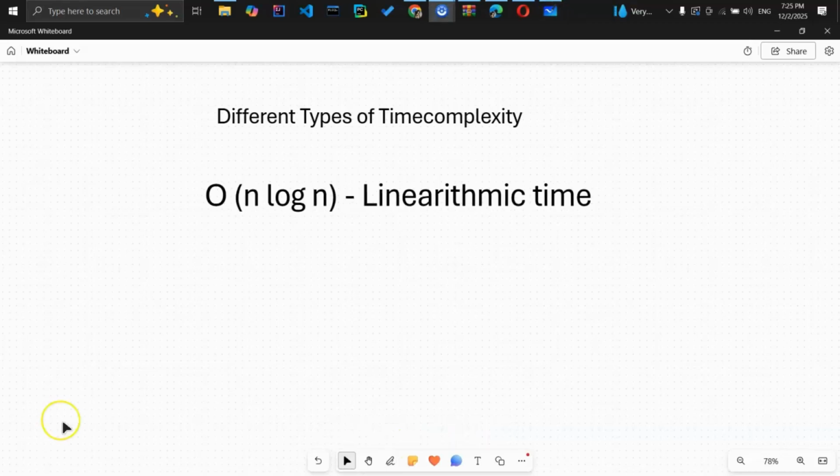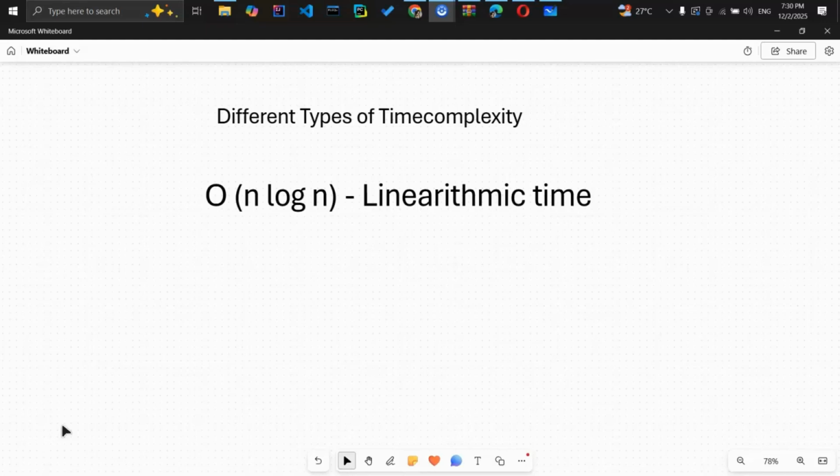The next one is linearithmic time. We can represent it as this. This is a combination of linear and logarithmic work. Linearithmic means you divide logarithmically and then work on each part linearly. Think of it like this.